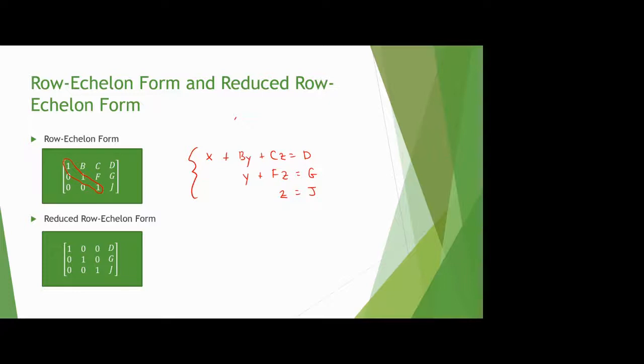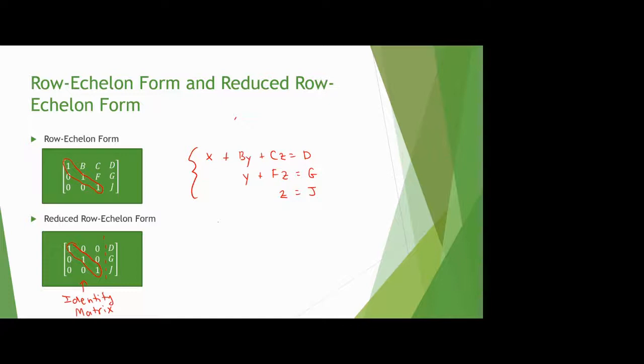Now there is a version of row echelon form called reduced row echelon form, where you have zeros above and below. So you have ones only in the diagonal, and the only other numbers are to the right, in your very last column, where your answers are. To the left, you have what is called the identity matrix, where everything is ones in the diagonal and everything else is zeros.